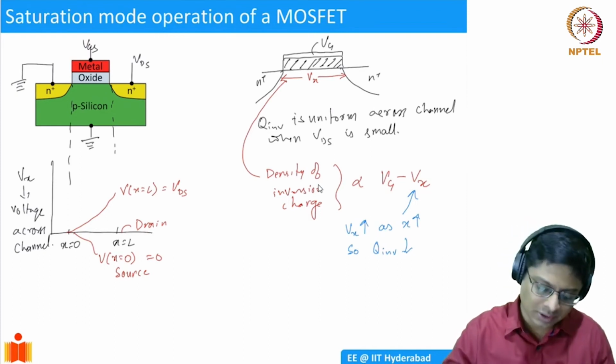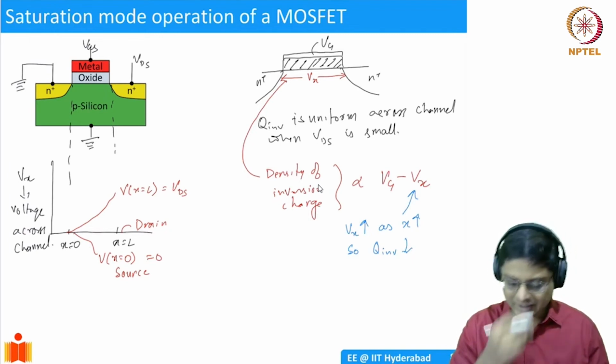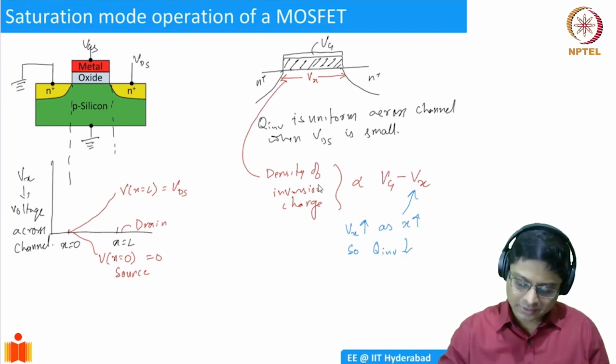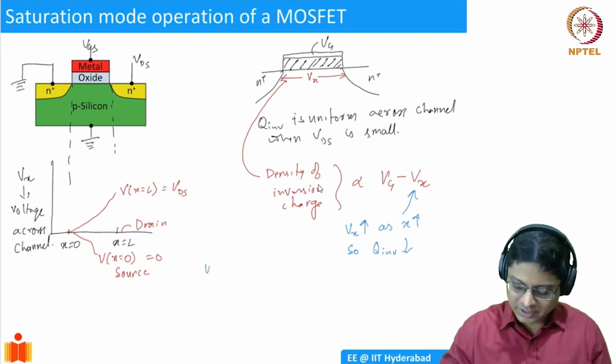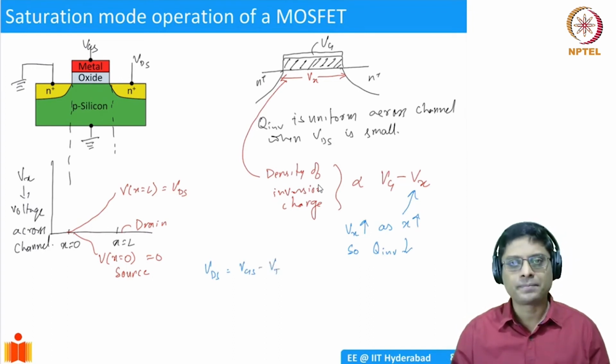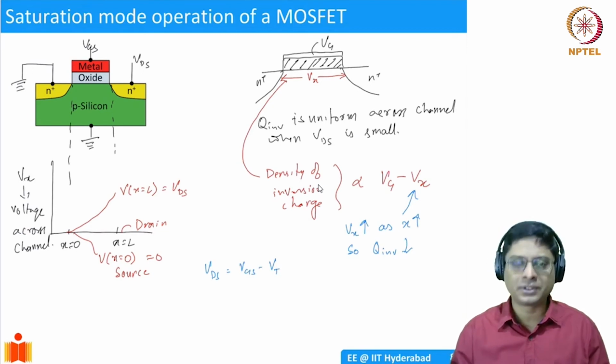So if I have to draw this, let's take an example, and let's say my VDS equal to VGS minus VT, okay? I choose this specific number for a particular reason.